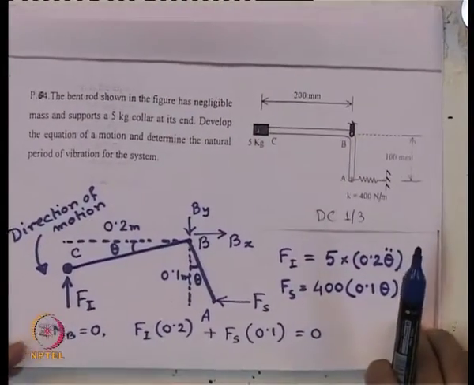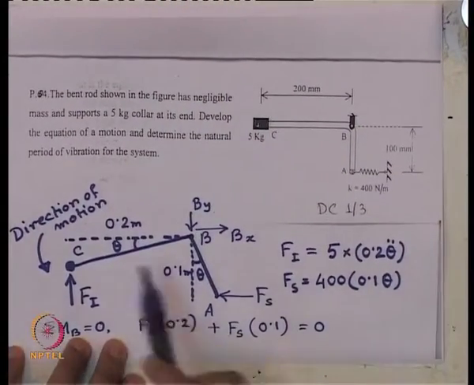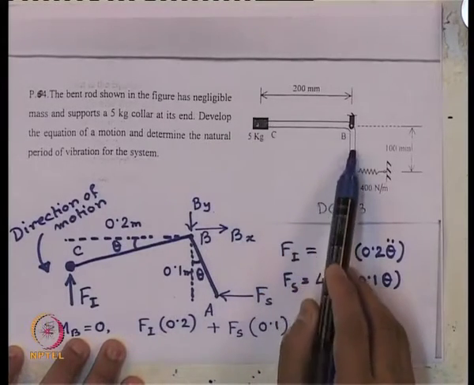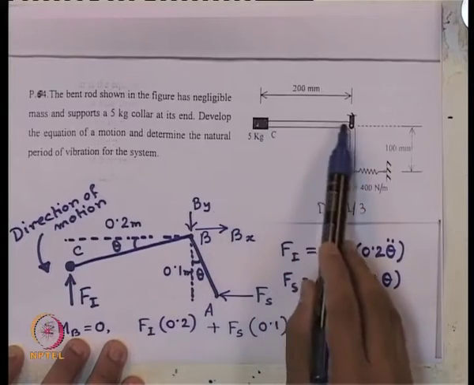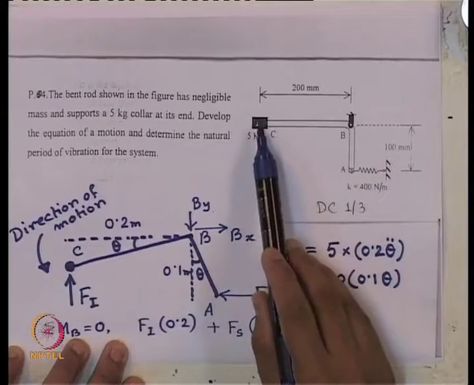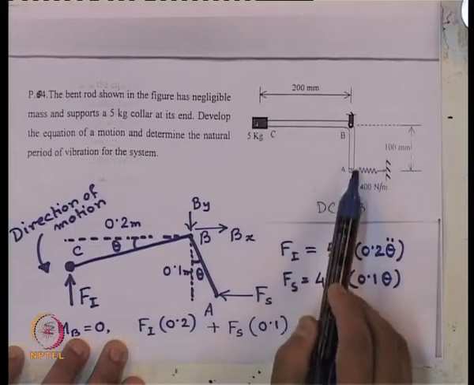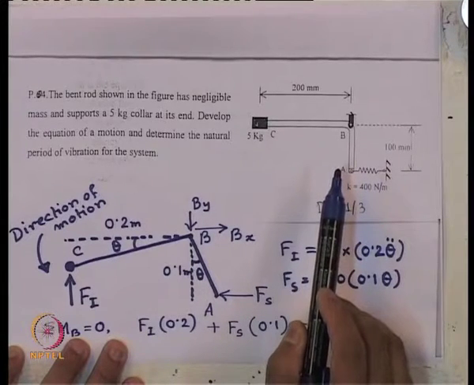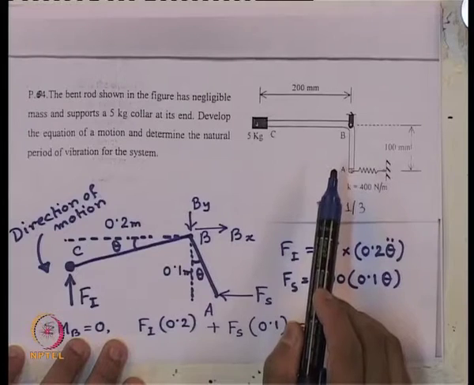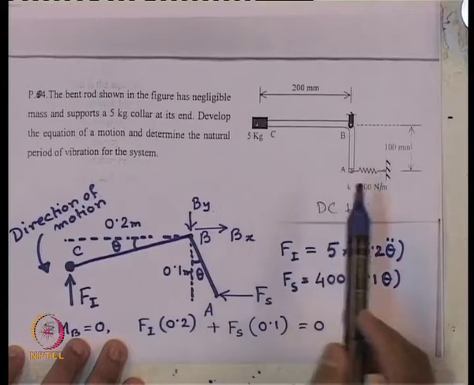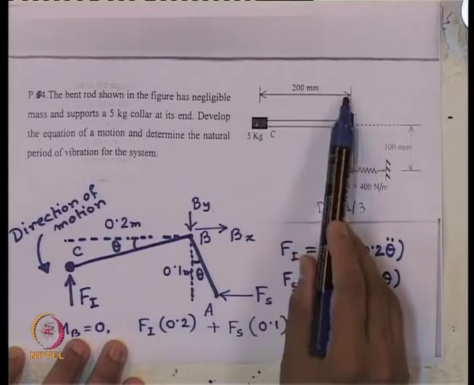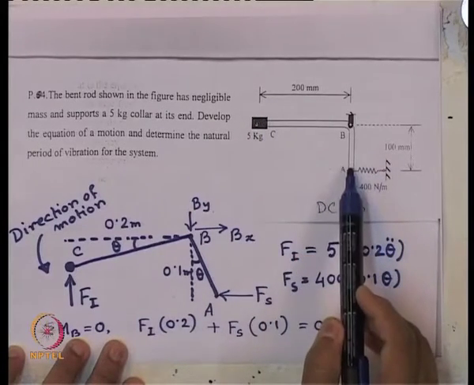So, let us go back to the previous picture. In this problem, the change is, in the previous problem we considered this rod ABC as massless. Now, we are considering this rod is having a mass of 3 kg, which is uniformly distributed. What does it mean? The lengths are, this is 200 mm, this is 100 mm.